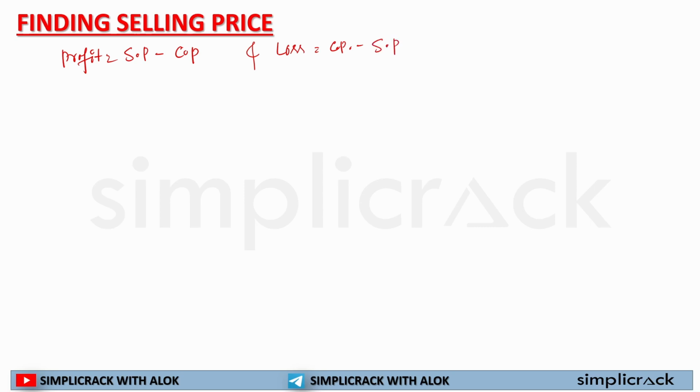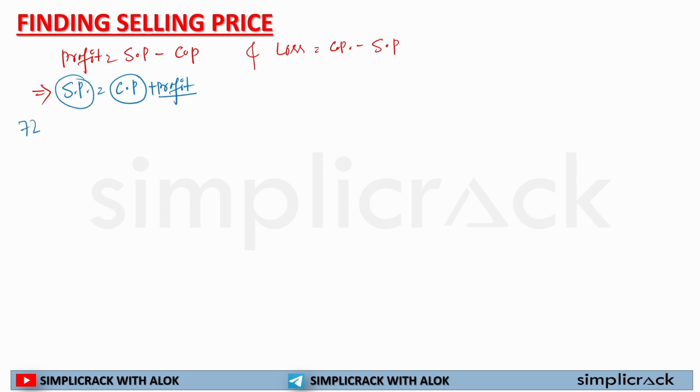You don't have to worry. First thing, if profit is equal to sales price minus cost price, can I write sales price is equal to cost price plus profit? The amount or the cost that I paid for that particular product plus the gain I got will get me my sales price.